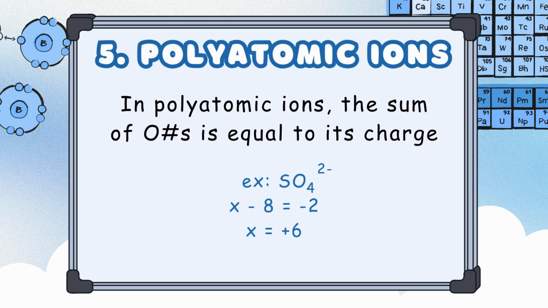Since si oxygen, palaging negative 2 ang kanyang oxidation number, we have to multiply that with positive 4. So, we have negative 8. What will we combine with negative 8 to get negative 2, which is yung charge ng polyatomic ion? Positive 6. Oxidation number ni sulfur is positive 6.